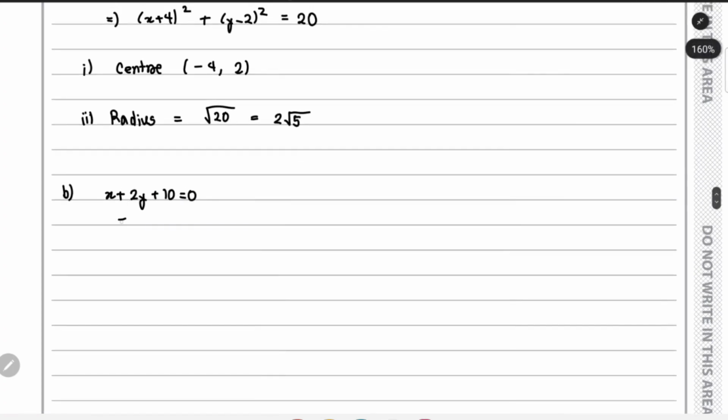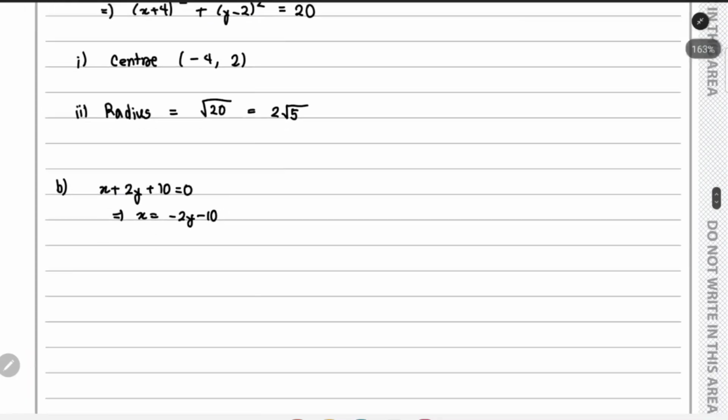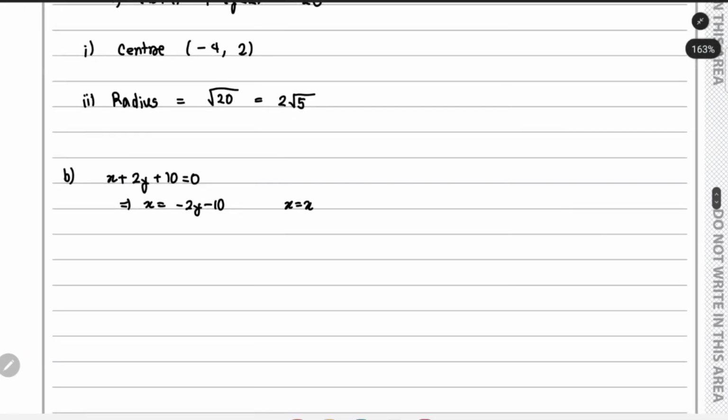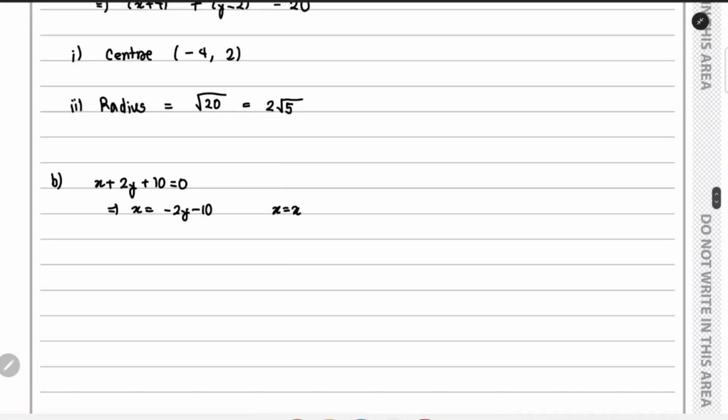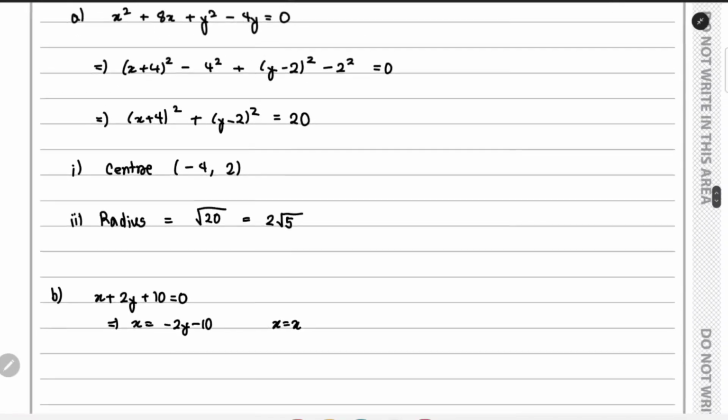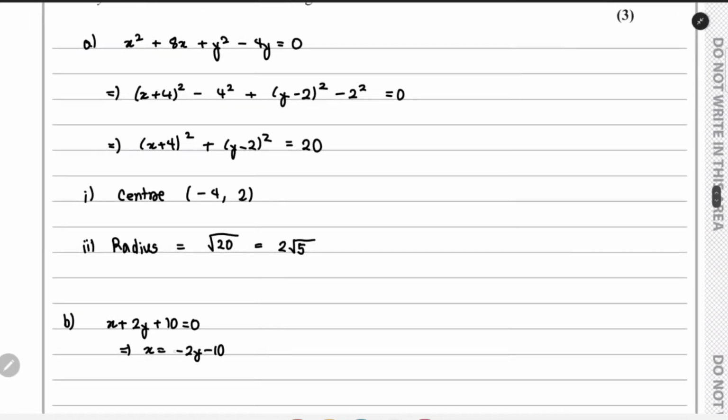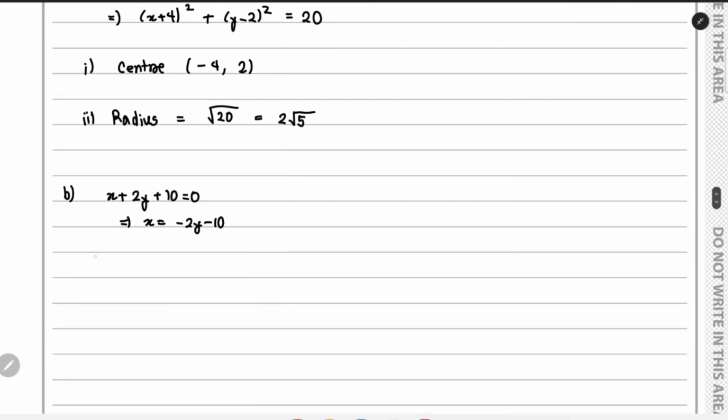From here we can make x the subject. We get x is equal to minus 2y minus 10. Since this falls on the circle, we can just put the value of x in place of x in the circle's equation.